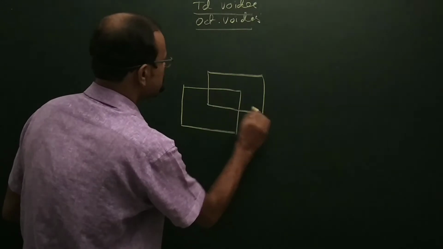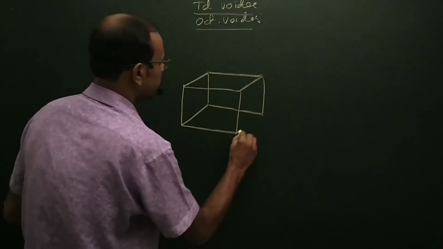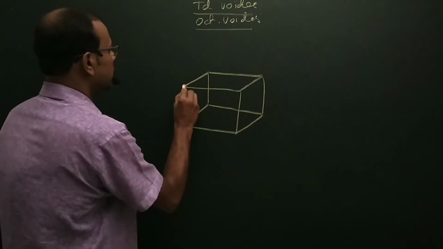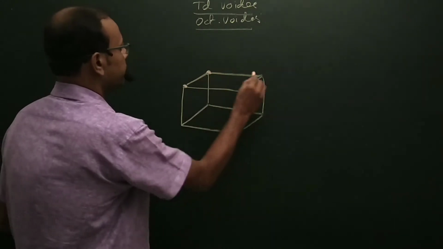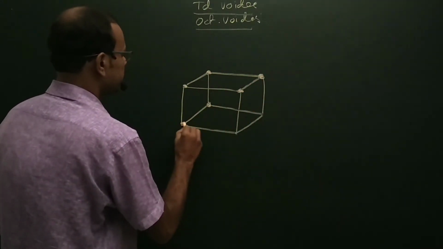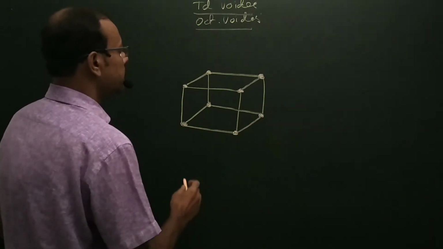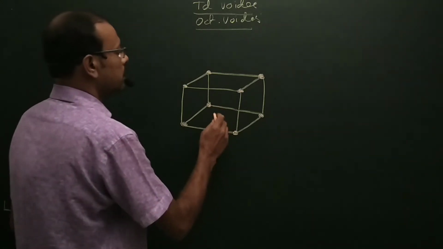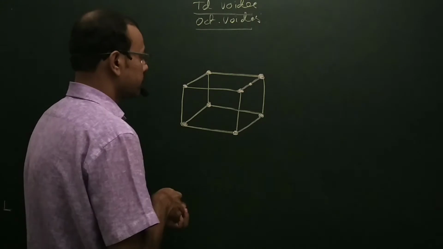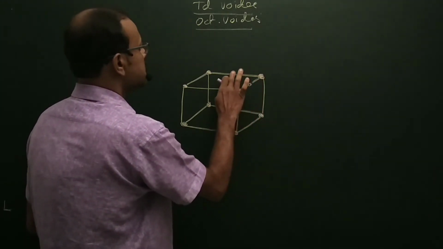You see, this is an FCC unit cell, a face-centered cubic unit cell. The corners are occupied by particles. 8 corners are there. And as I have told you, there are 4 body diagonals and 12 edges. I am drawing the edge centers here.